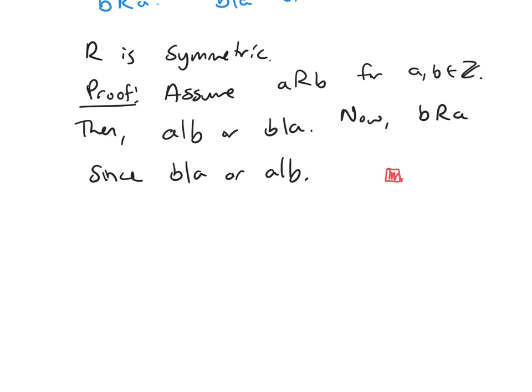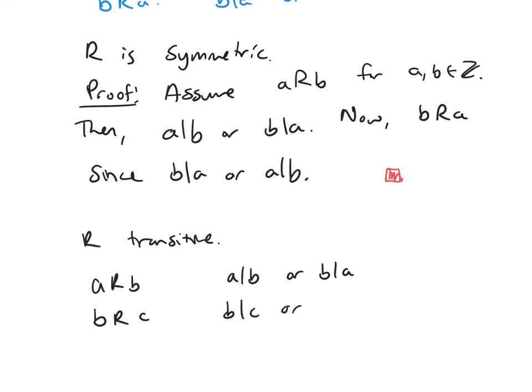Now the question is, is R transitive? So I'm going to assume a relates to b, so either a divides b or b divides a. And then I'm going to assume b relates to c, so either b divides c or c divides b.